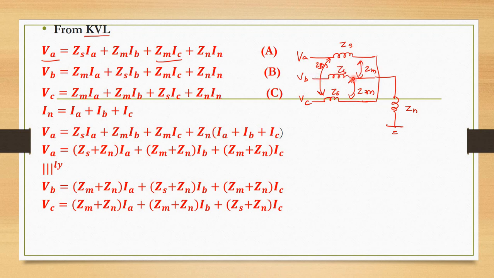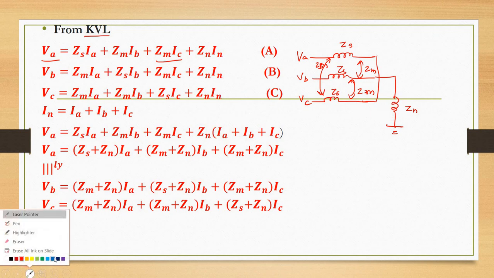Here VB is a phase connected with VA by means of the mutual impedance. So Zm into IA plus Zs into IB, this is the self impedance, then Zm into IC plus Zn into In. What is VC? VC is Zm into Ia, then Zm into Ib, Zs into Ic, plus Zn into In.